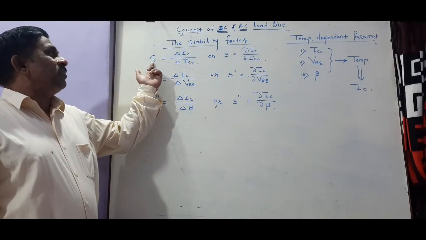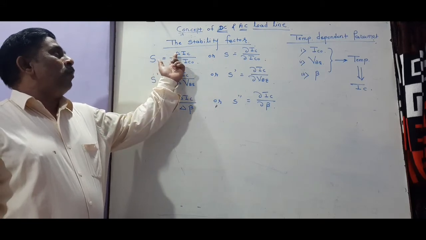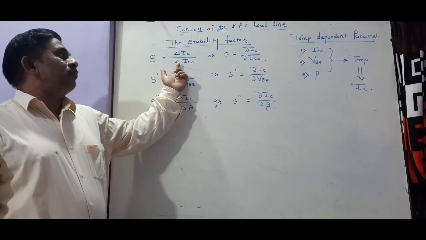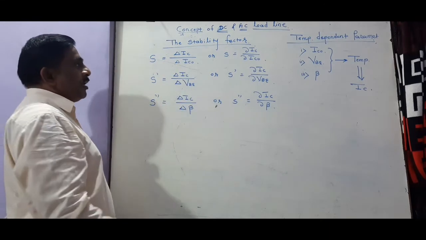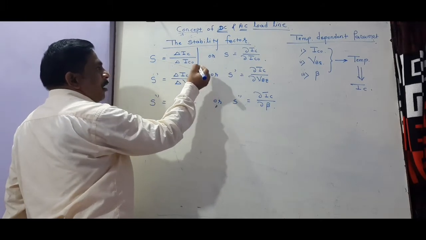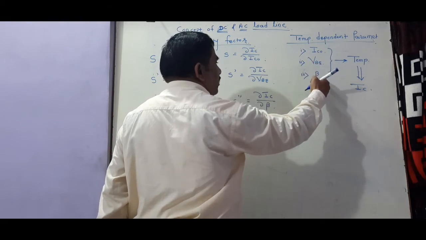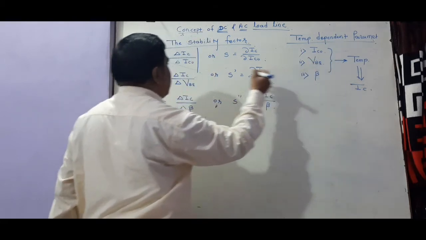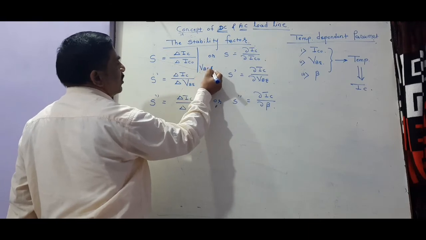Now, while defining the stability, we know that the output collector current changes with respect to change in collector saturation current, but this observation is only possible if the remaining two parameters of the transistor are kept constant, that is VBE and beta must be constant.